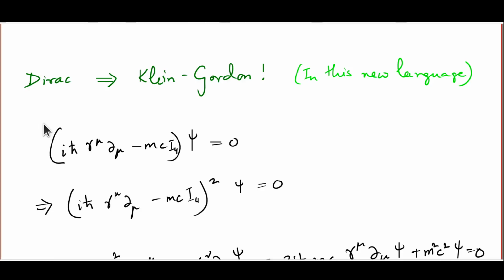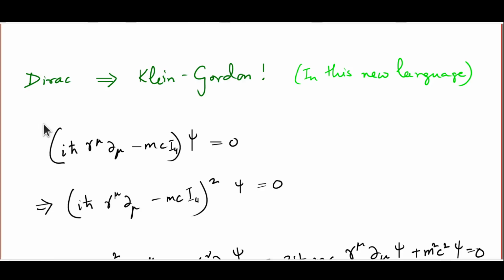Note that because of the presence of the gamma mu, the first term i h cross gamma mu del mu is a matrix valued operator. So the second term also has to be a matrix in order to be subtracted from it. And so we don't write it as a number mc, but rather as a matrix mc times the 4x4 identity.